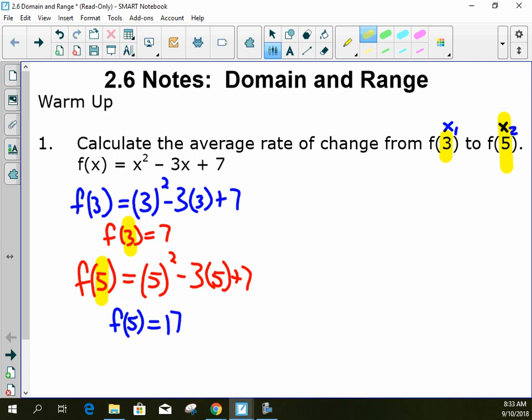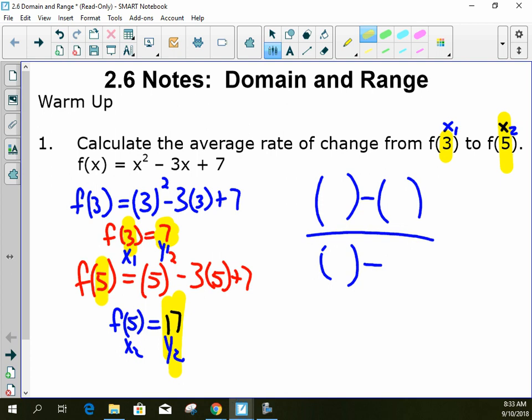So then this is what? This is my y1. And this is my y2. So then I put in here y2 minus y1 over x2 minus x1. Please do this step. Please take the time to do this step.